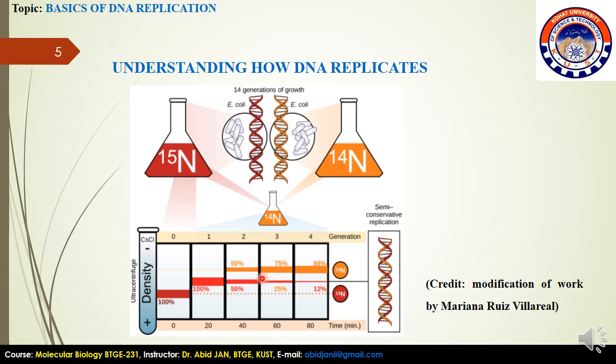The DNA harvested from cells grown for 2 generations in 14N formed two bands. One DNA band was at the intermediate position between 15N and 14N, and the other corresponded to the band of 14N DNA.